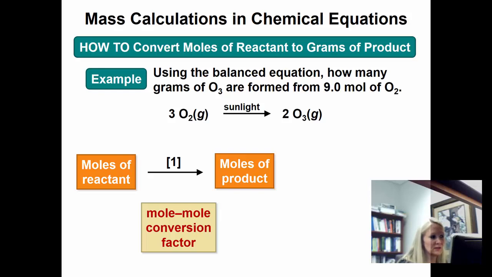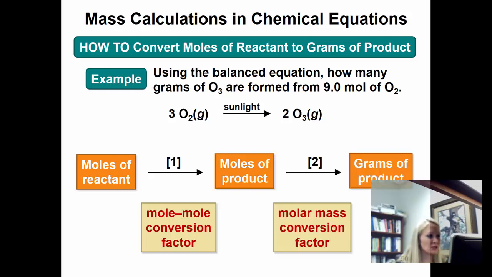We did this on the last video, and then we're just going to add one step. If you recall from a couple of videos ago, we then convert from moles of the product and we can convert to grams.